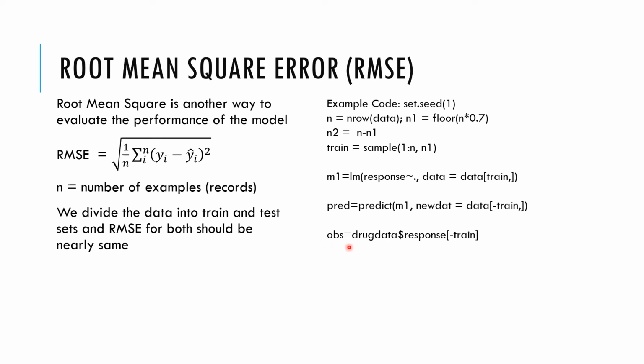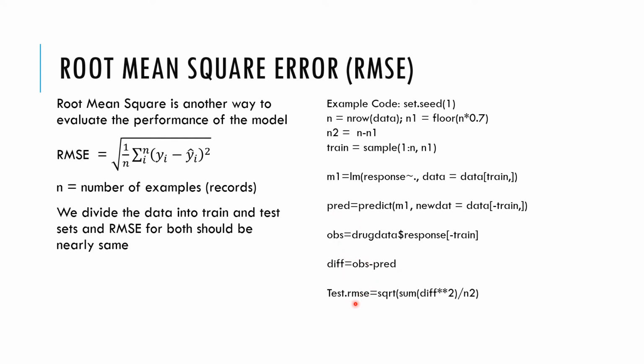The observed data will be the data with the response and minus train. So we are collecting the test examples in this. The response is basically the response variable. So we are just picking up those values which are in the test data. And the difference will be the error, right? The actual value minus the predicted value will give us the error.